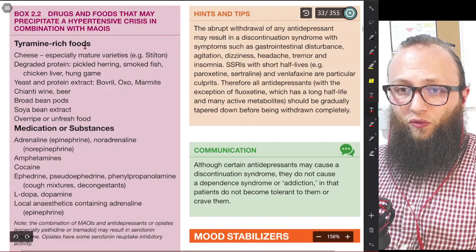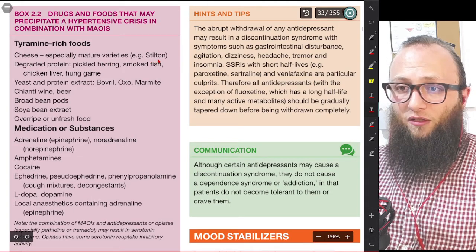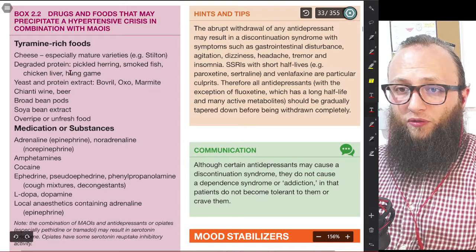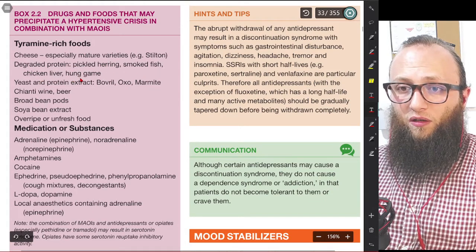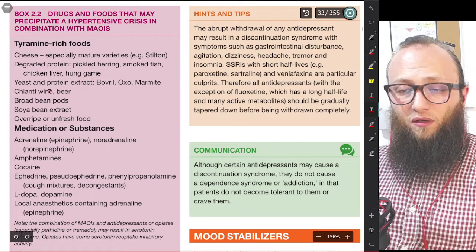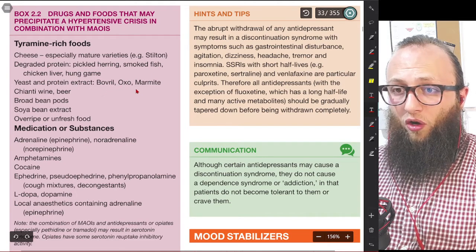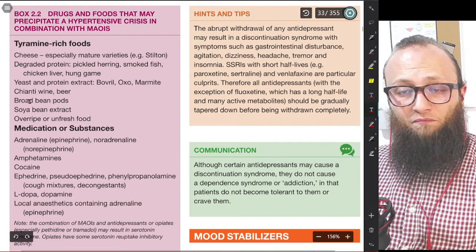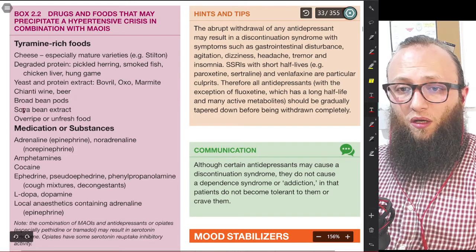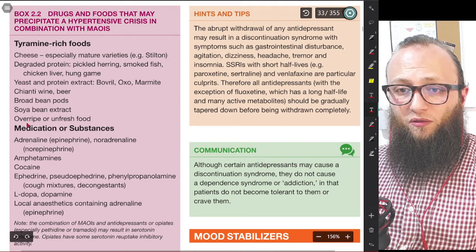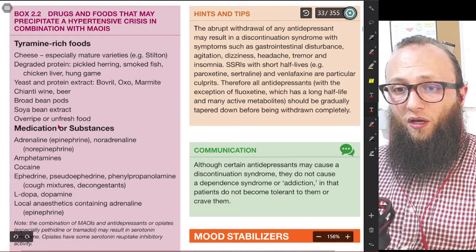We have tyramine-rich foods like cheese, especially mature varieties like Stilton, degraded proteins like pickled herring, smoked fish, chicken liver, hung game, and such. Yeast and protein extracts like Bovril, Oxo, Marmite. We have Chianti wine, beer, broad bean pods, soya bean extract, overripe or unfresh food.